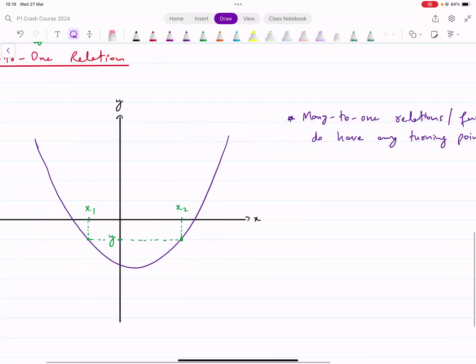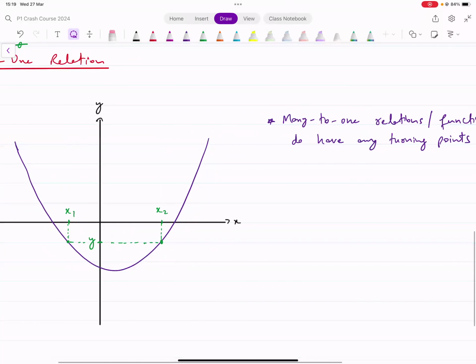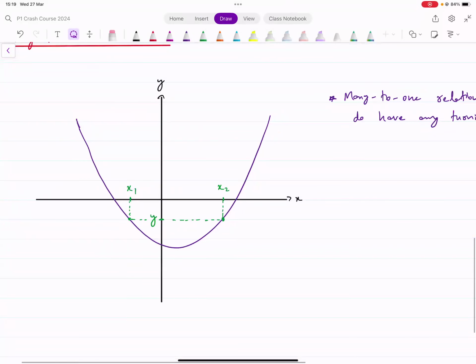Okay, so that's one way to look at whether the function is many-to-one or not. It has a turning point. Okay. Now, what are some examples of these relations?